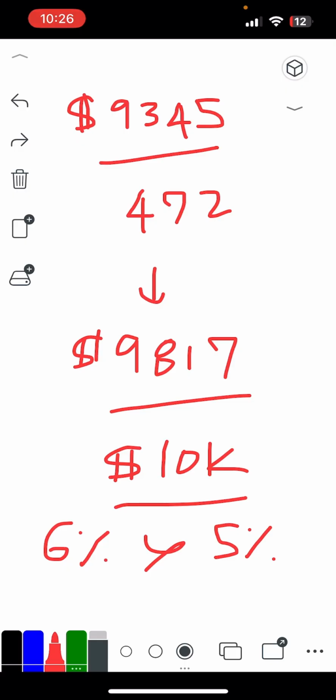People are only willing to spend $9,817, for example, rather than $10K. So the coupon bond will be sold at a discounted price, at a discount rather than the face value or at a premium.